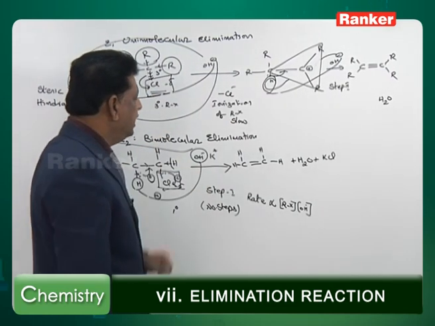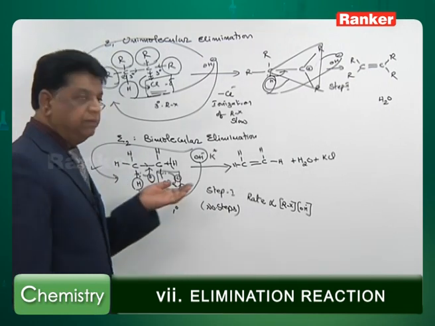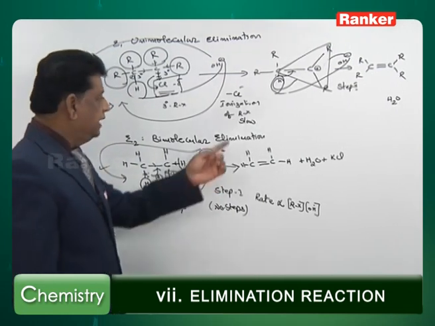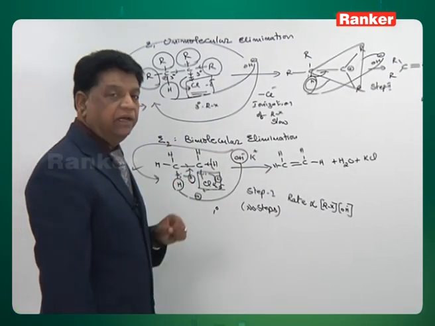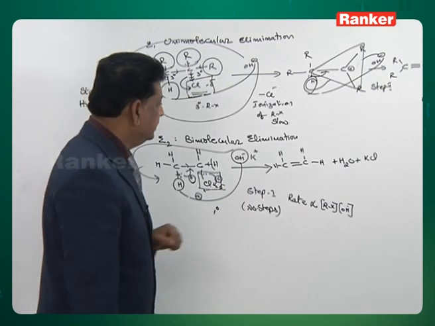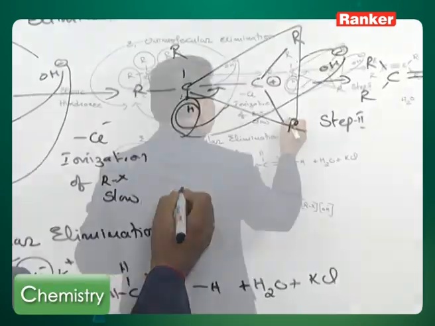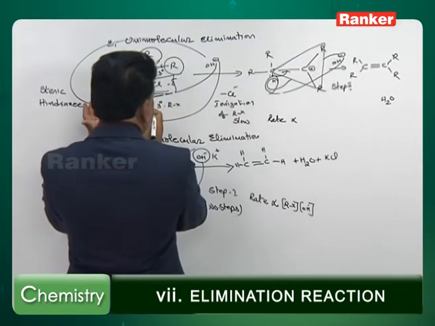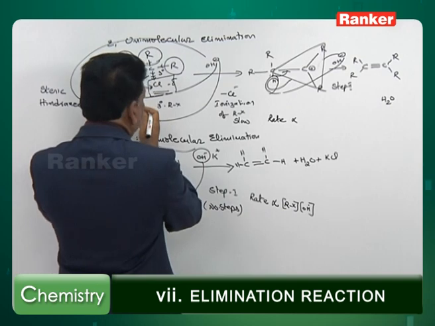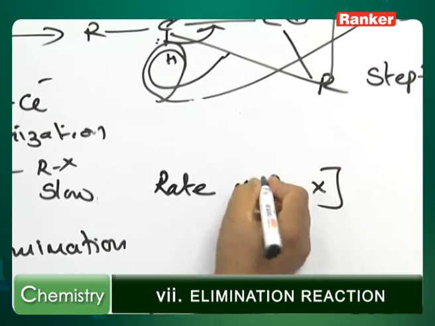So in kinetics, when a reaction takes place in 3-4 steps, the step which is the slowest will be the deciding factor of the completion of the reaction. Therefore, this slow step will be the rate determining step. So the rate of the reaction depends on the participants in this step, which is only one: the alkyl halide. What about the OH minus?